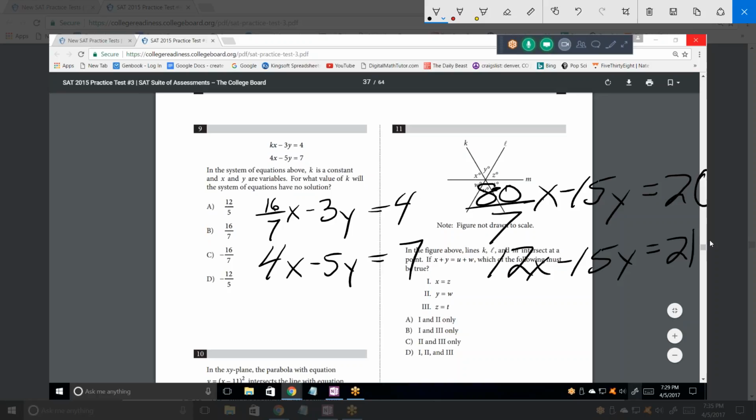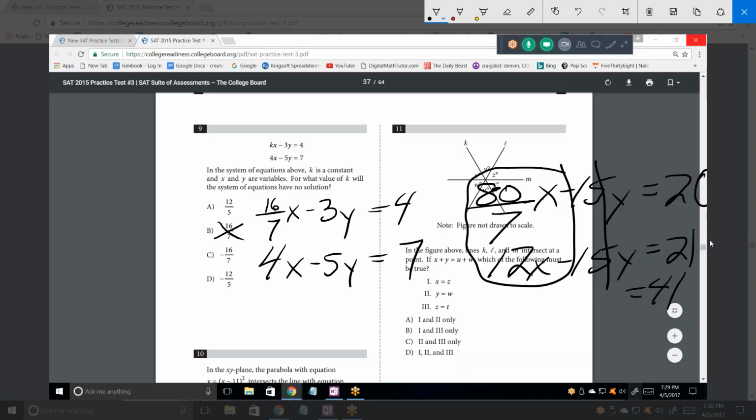Well, now when I add the two equations, the y's go away, and that doesn't go away. That is some number of x equals 41, which tells me I can come up with a solution to this system of equations if k is 16/7. So that's not the answer we're looking for.